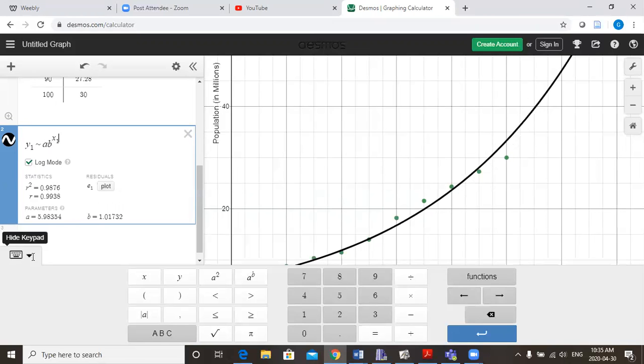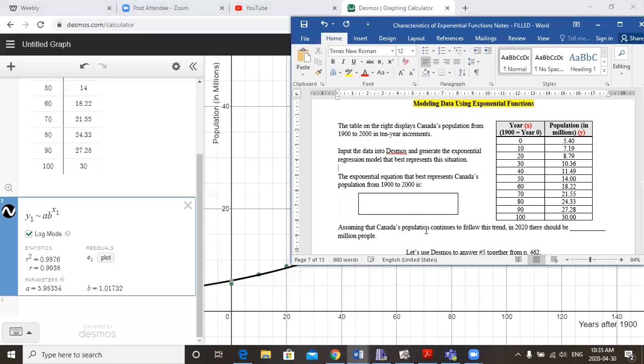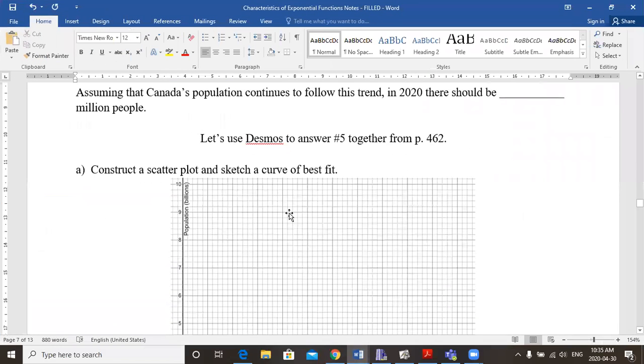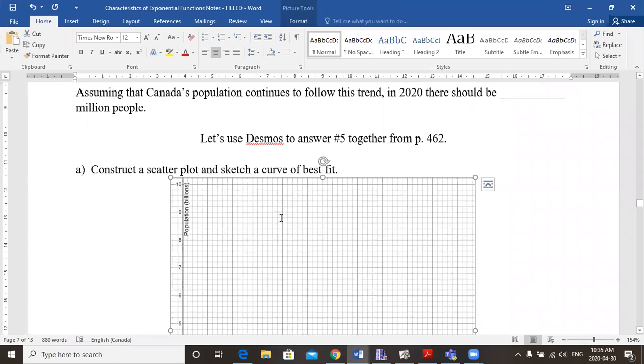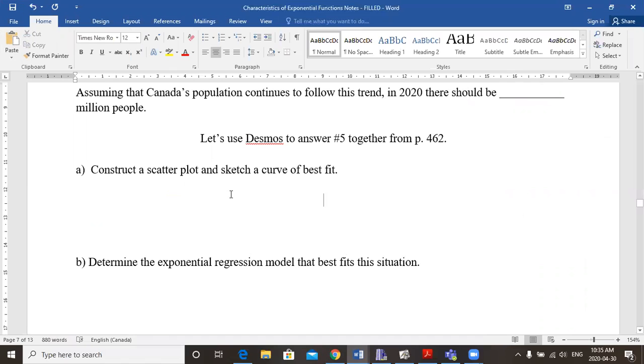Okay, so we have our data and we have our regression equation. In here, we'll maximize that again. I'm going to delete that because we're doing it in Desmos. We're going to input what we need to do. It says to construct a scatter plot and the curve of best fit.